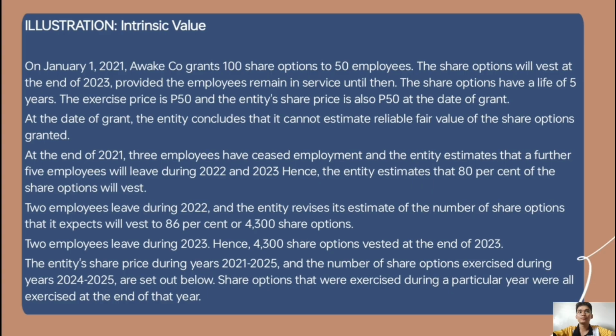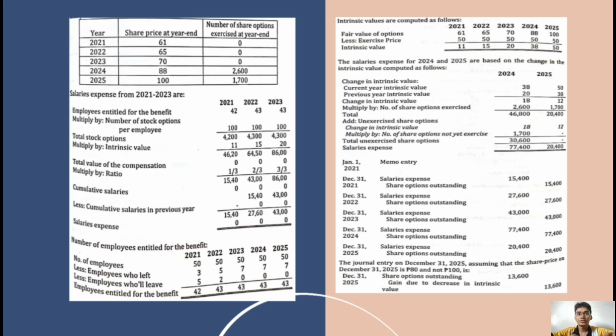The entity's share price during years 2021 to 2025 and the number of share options exercised during years 2024-2025 are set out below. Share options that were exercised during a particular year were all exercised at the end of that year. Let's start the first illustration.